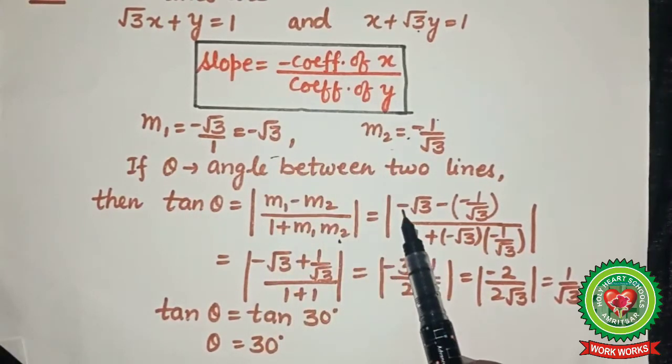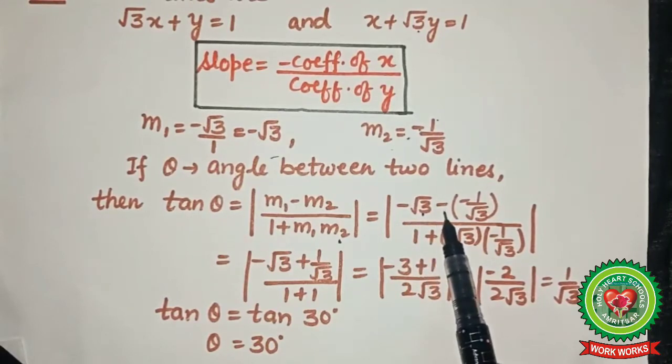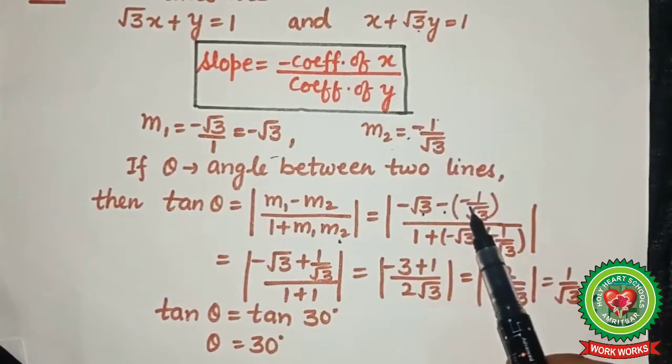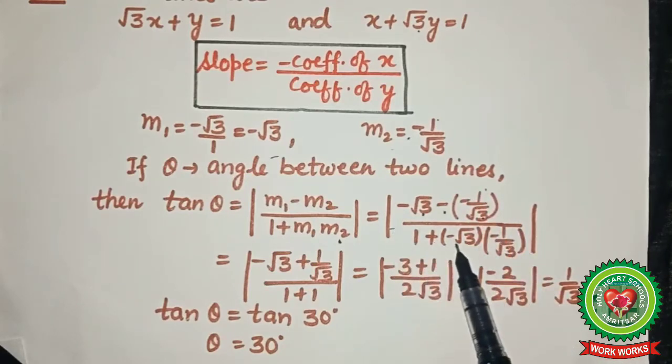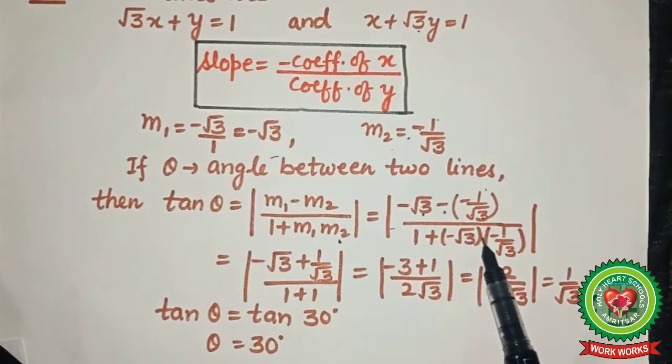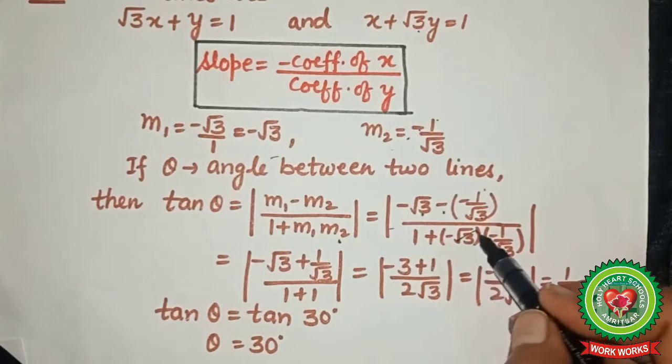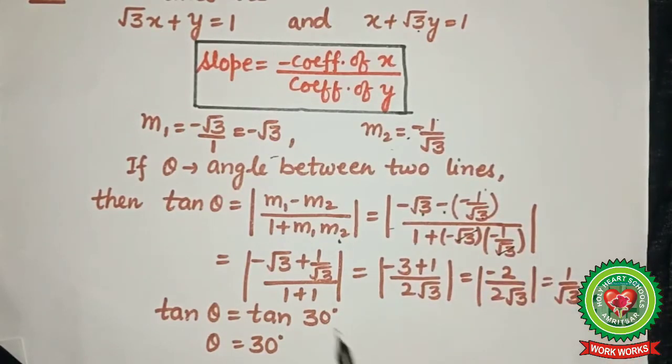We get minus √3 minus, here m2 is again negative, so in the bracket minus 1 upon √3, upon 1 plus minus √3 multiplied by minus 1 upon √3. Here √3 cancels with √3. So in the denominator we are left with 1 plus 1. And here minus and minus changes to the plus sign.